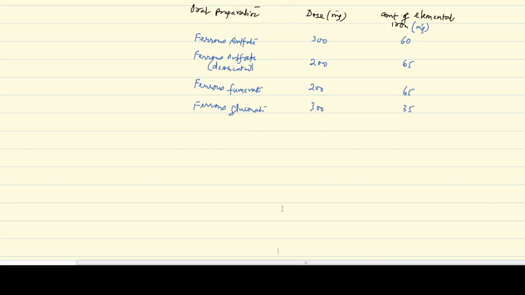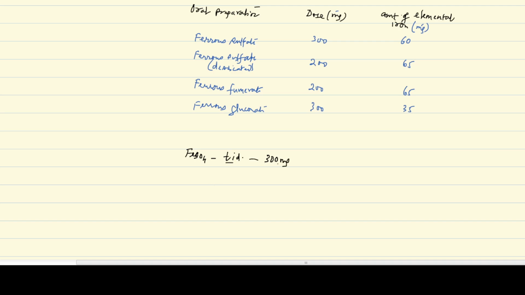All right, so why is this important? Why are we concerned about this? Now think about this. So ferrous sulfate is administered TID, 3 times a day. Okay, so let's say 300 milligram is administered TID.